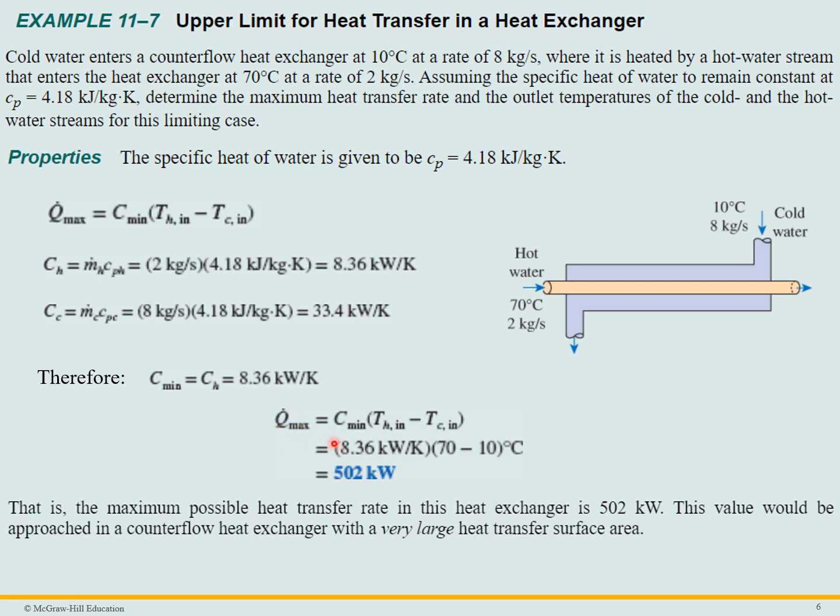So Q dot max is given by the following equation. So we have T_H,in, which is 70 degrees C, minus T_C,in, which is 10 degrees C. So we crunch this in our calculator, we get 502 kilowatts. So this is the maximum possible heat transfer rate in this heat exchanger. It doesn't mean that's the actual value. That means that this is as good as it's ever going to get. This value would be approached in a counterflow heat exchanger with a very large heat transfer surface area.